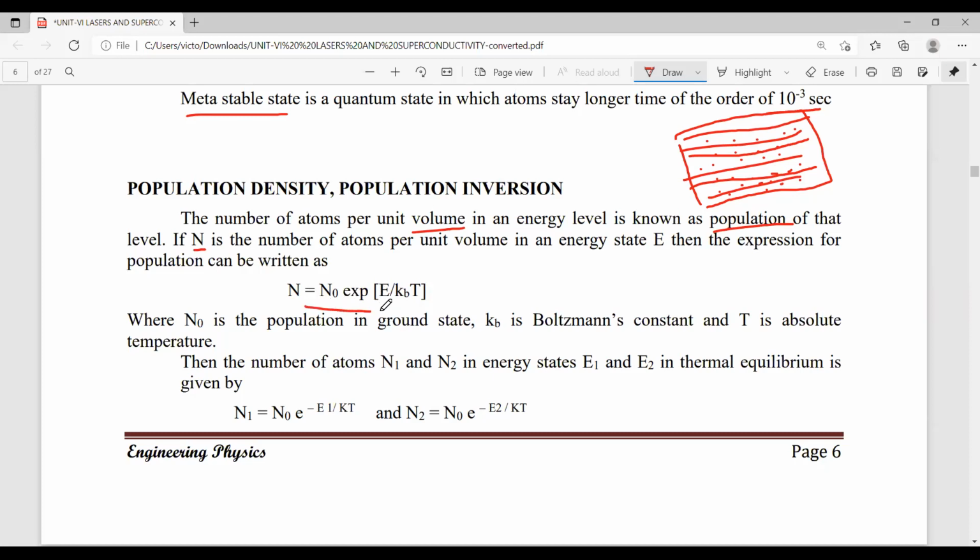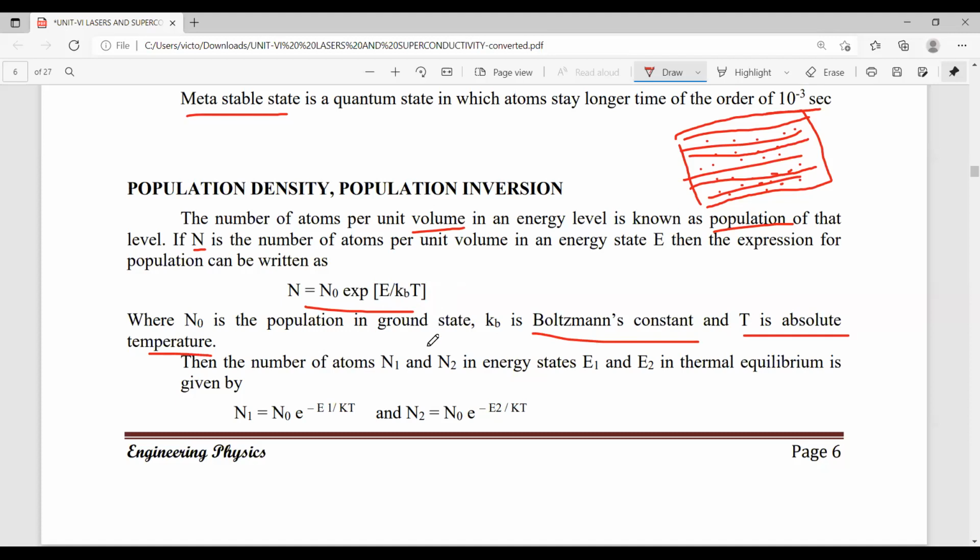This is the generalized expression for the number of atoms in the energy level, that is N is equal to N naught exponential of minus E by kBT. Here kB is the Boltzmann constant and T is the absolute temperature.